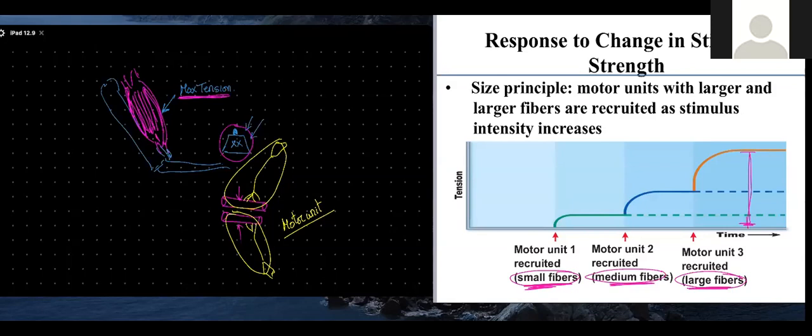So the weakest contraction is going to be resulting from recruiting a small muscle fiber. A medium muscle size creates a medium contraction, and a large muscle fiber creates the strongest muscle contraction. It is the size principle. So motor units can have larger fibers than others. And again, the larger the muscle fiber, the stronger the contraction it can perform.